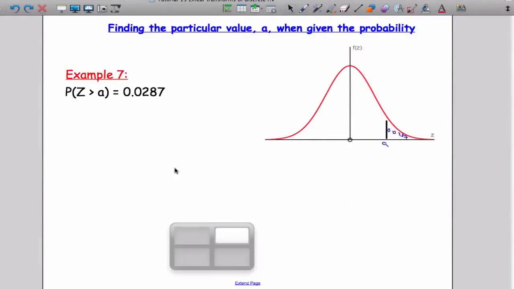So I'm going to have to use the symmetry again.